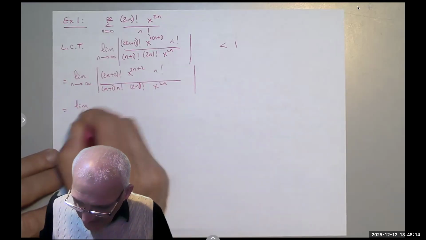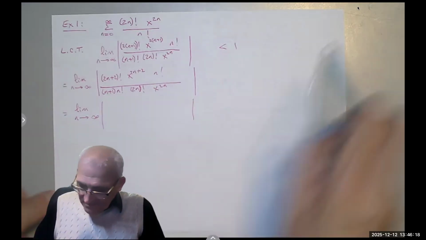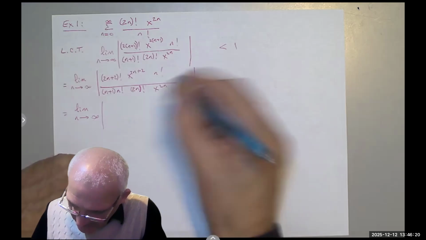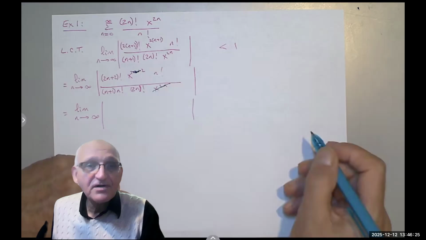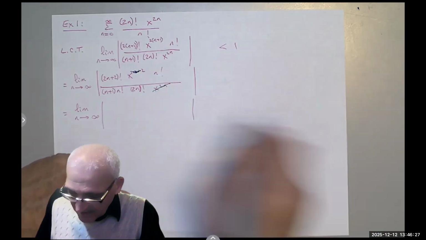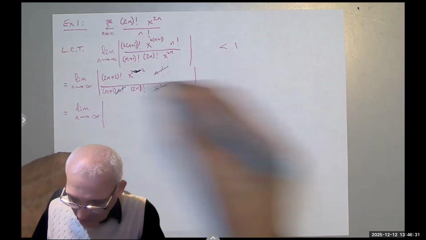Limit as n approaches infinity of. Here, I can simplify x to the 2n, and this would be x squared, right? Because I subtracted 2n. Here I have n factorial and n factorial.